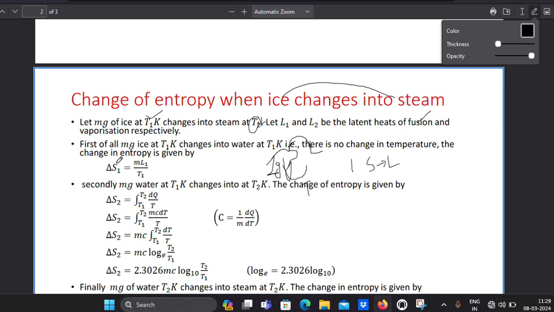Next, what is the latent heat of vaporization? For this we take liquid, 1 gram of liquid. If you want to convert it into gas, heat is required. That heat is called latent heat of vaporization.